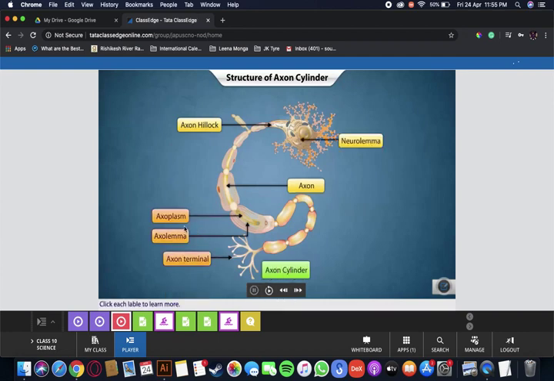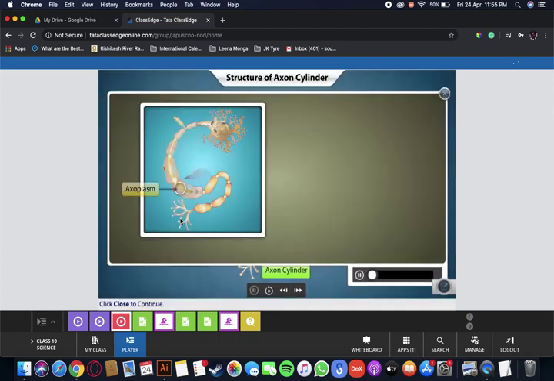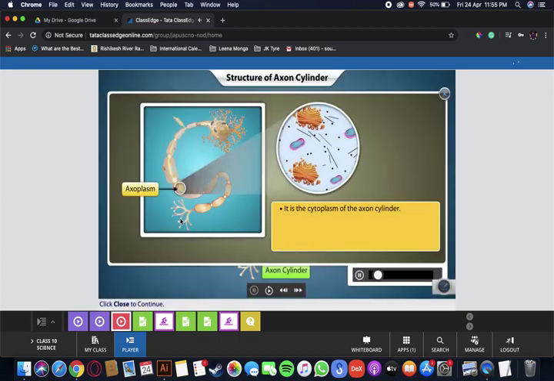Now know about the axoplasm. The axoplasm is the cytoplasm of the axon cylinder. The axoplasm is similar to neuroplasm and contains neurofibrils, mitochondria, and other organelles. The Nissl bodies are absent in the axoplasm.